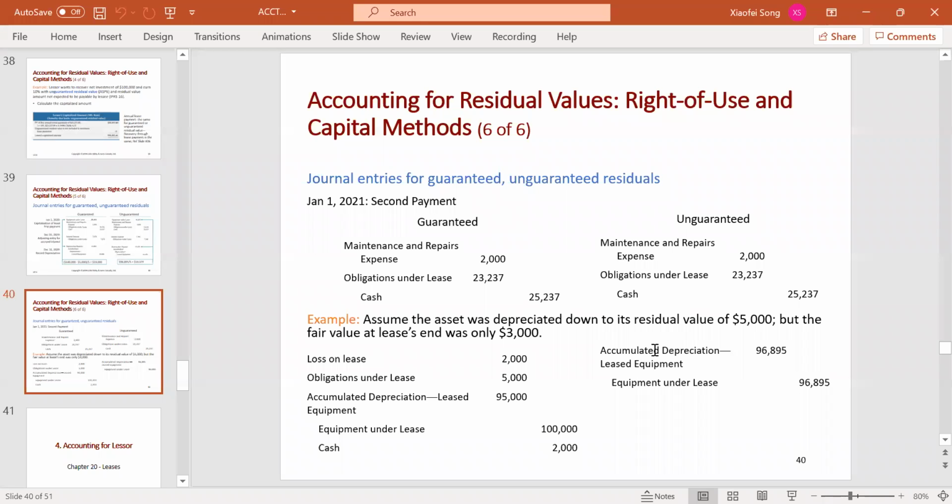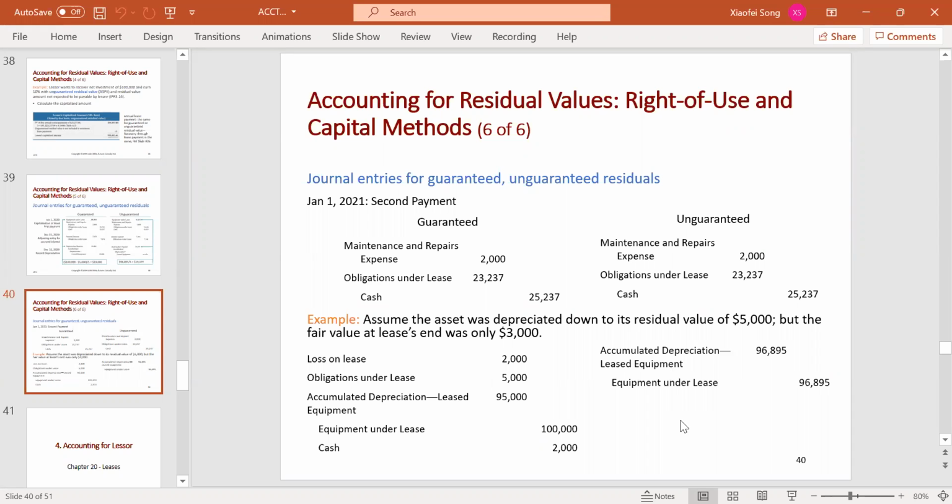If the residual value is unguaranteed, the liability is already gone, right? So the lessee needs to return the asset and remove it from its balance sheet. All they need to do is cancel these out. It doesn't change anything because this was already canceled out, but now you just remove it completely.